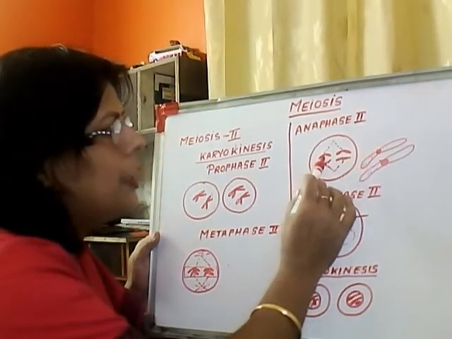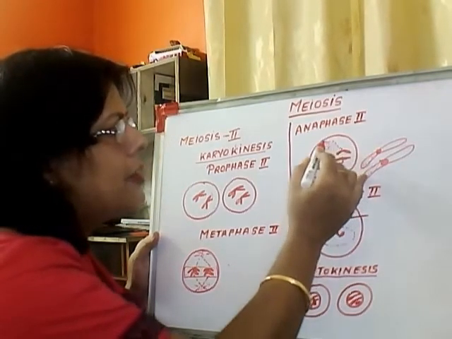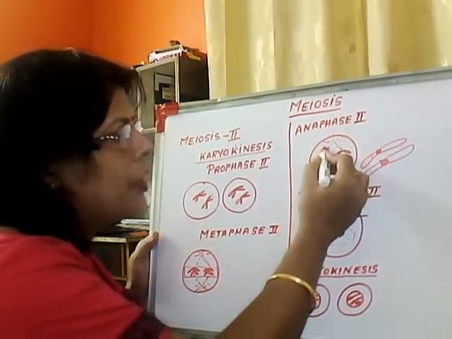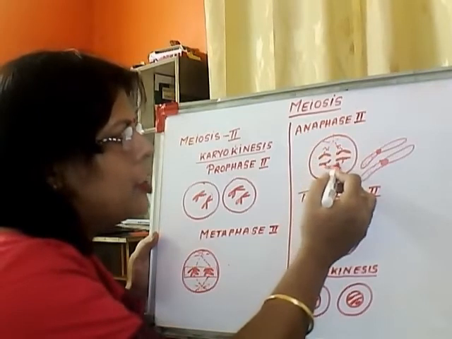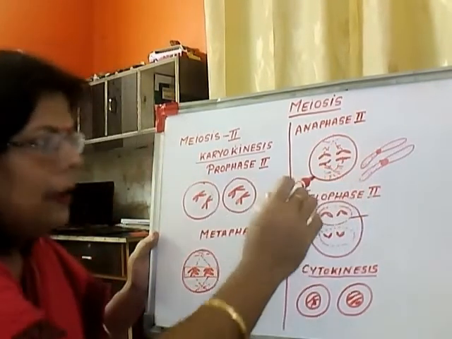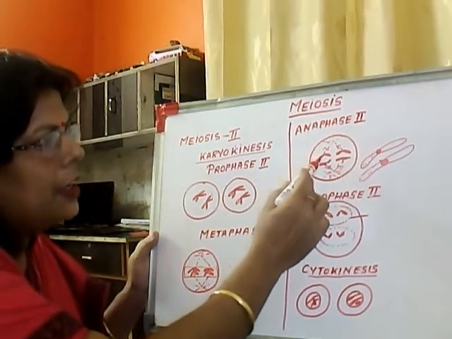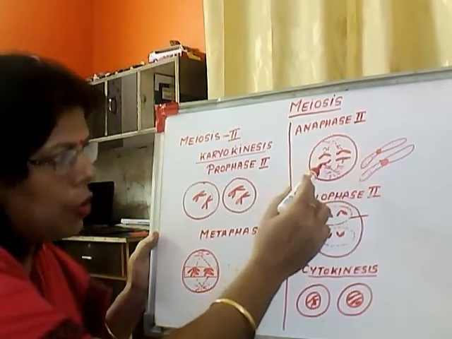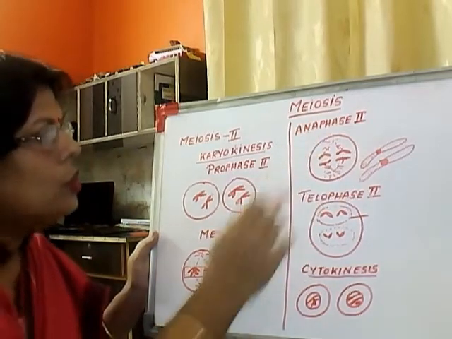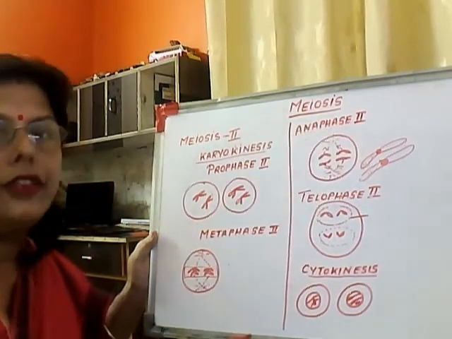So here the splitting had taken place. After splitting, these daughter chromosomes try to move to their respective poles. Here I haven't drawn the diagram properly, but you just see that each has one chromatid, and they are moving to their respective poles. So this thing happened in anaphase 2.